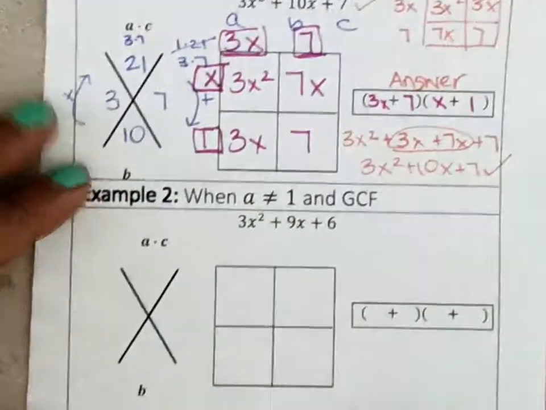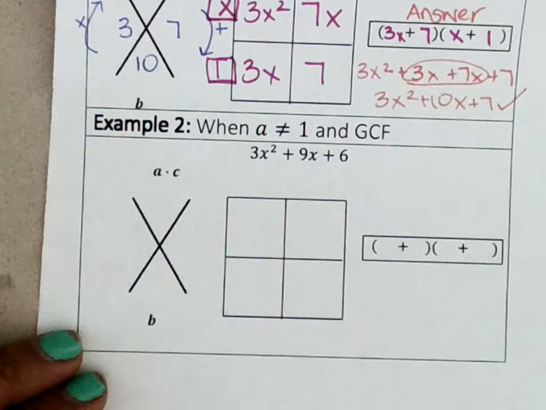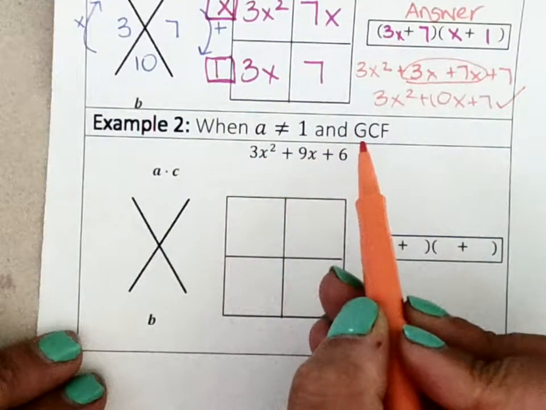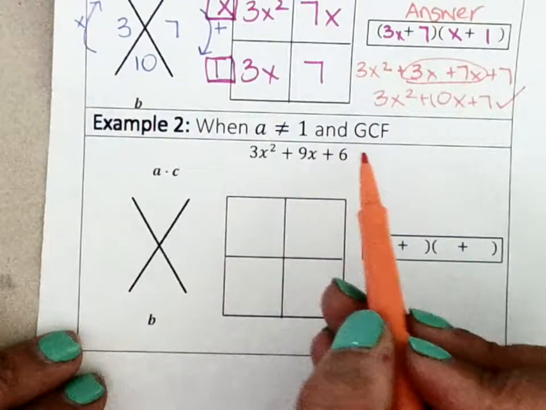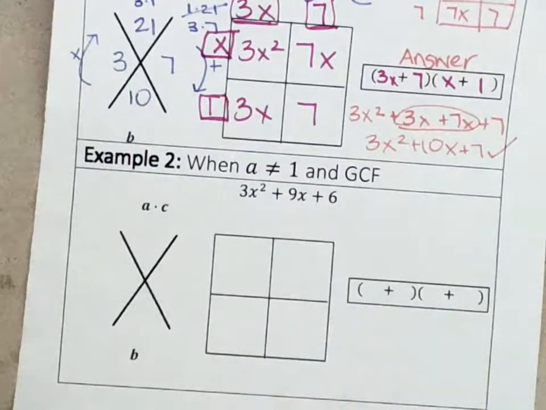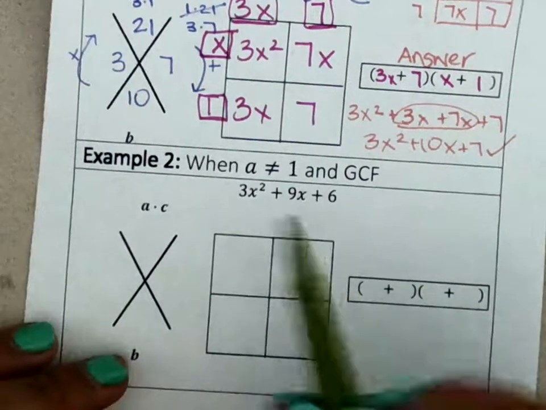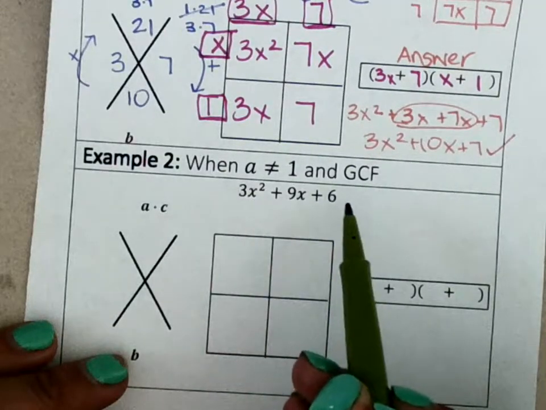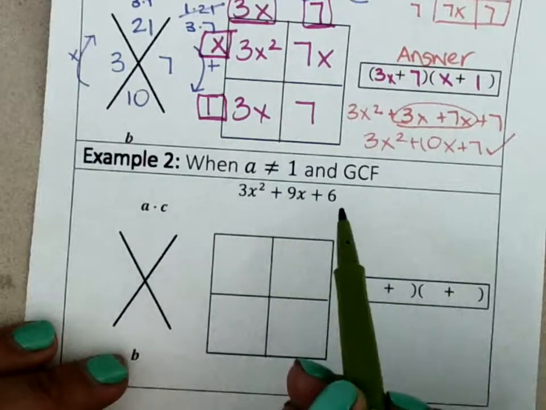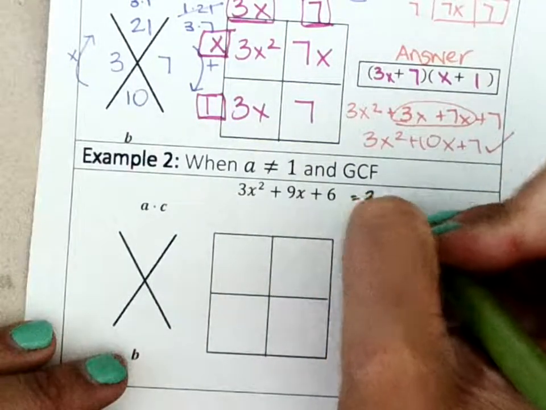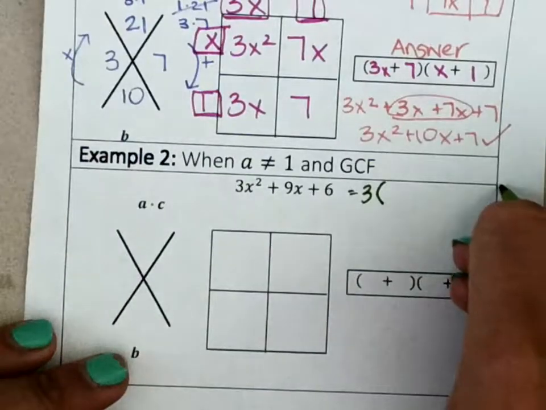In our next example, we're going to look at a trinomial where we can actually factor out a greatest common factor before we even start factoring itself. So what I mean by that is if we were to look at these three terms, well, I know I can't pull an x out because 6 doesn't have any x's, but 3, 9, and 6 all have 3 in common. So I know that I could divide a 3 out.